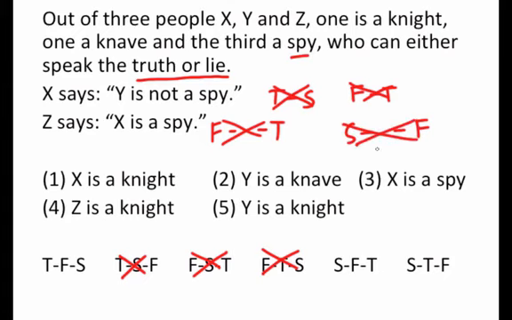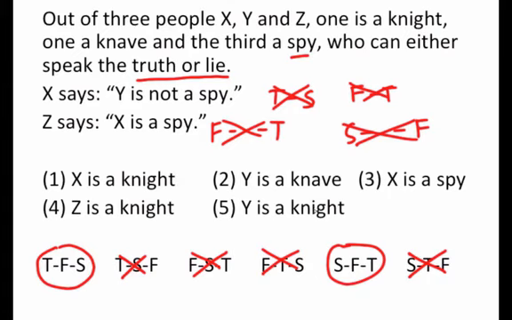So starting with an S and ending with an F cannot be a possibility. So the only possibilities that are remaining with us are true, false, spy and spy, false, true. I suggest that if you are not very clear here, just try this exercise on your own or just hear the last 2 minutes of the video again.